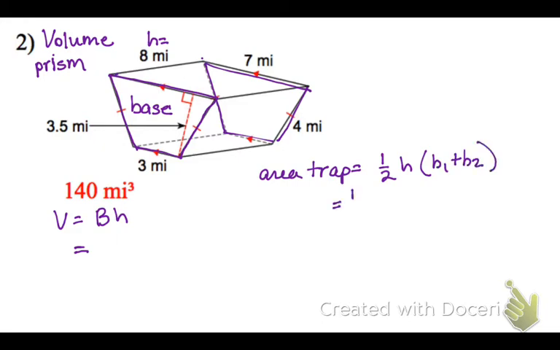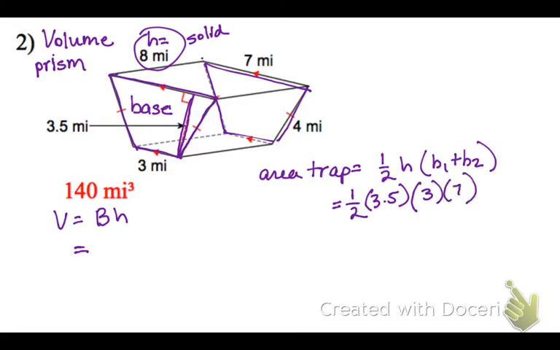So in this case, we have our 1/2. Here is our height of the trapezoid. This is the height of the figure, of the solid. This is the height of the trapezoid. So the height of the trapezoid is 3.5. One of our bases is 3, and the other base is 7.